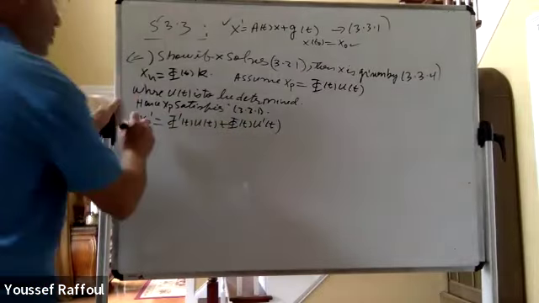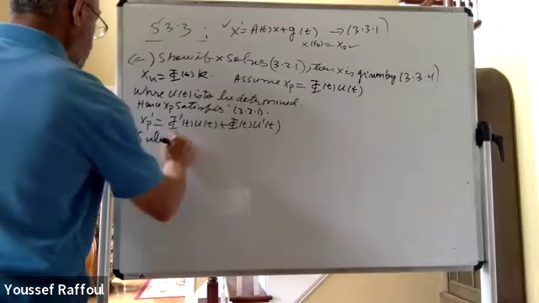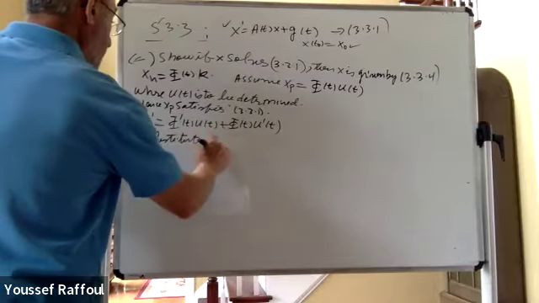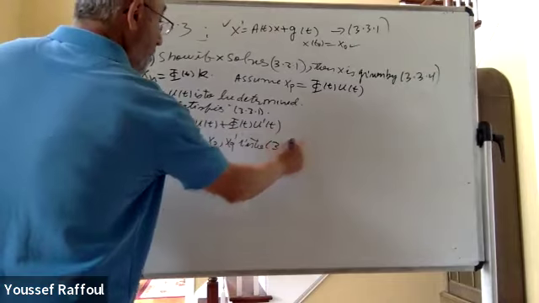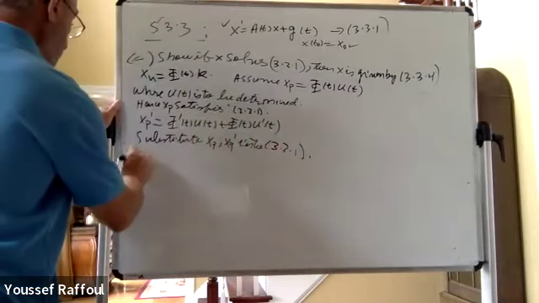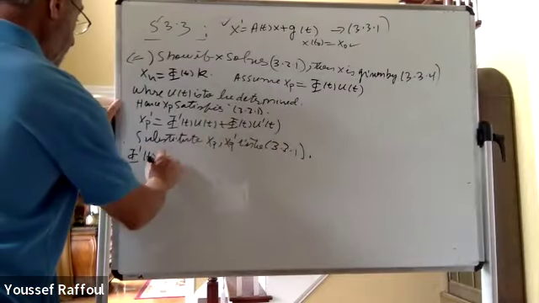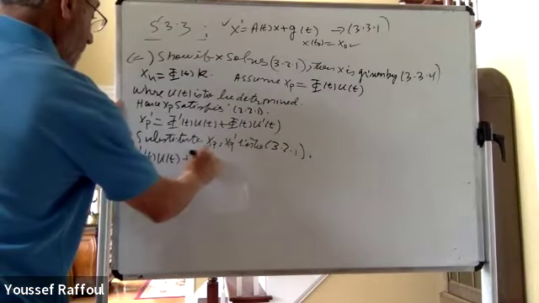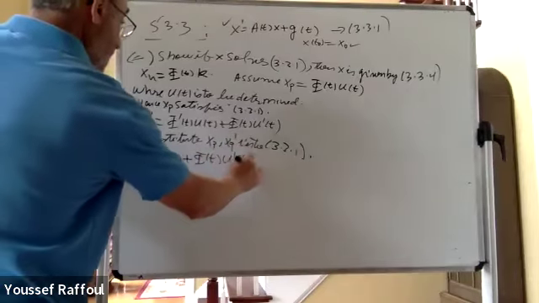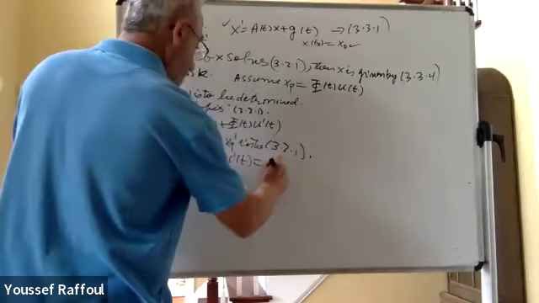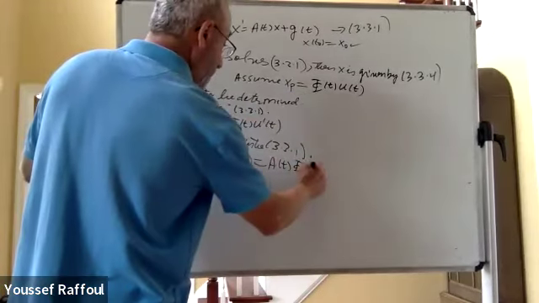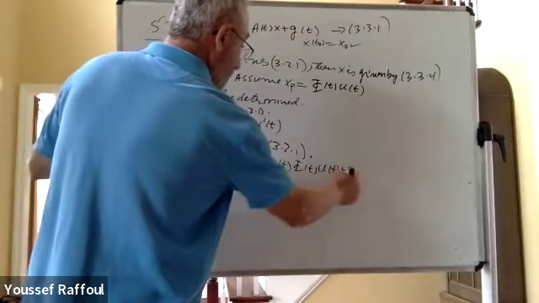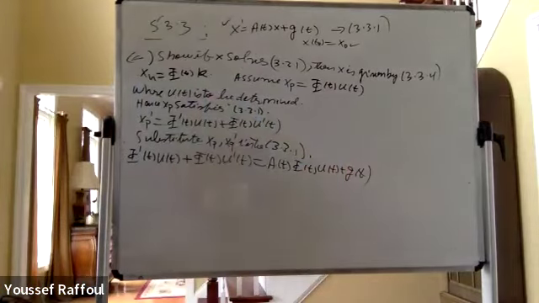Okay? So substitute x_p prime into 3.31. If we do that, we're gonna get phi prime of t u(t) plus phi(t) u prime of t equal to A(t) x, where x_p is phi(t) u(t), plus g of t.